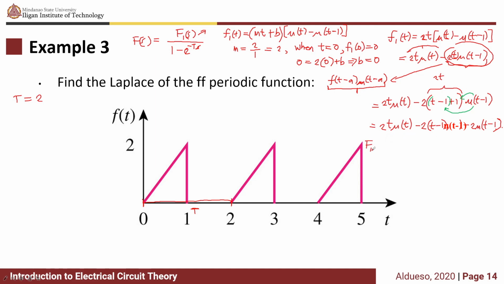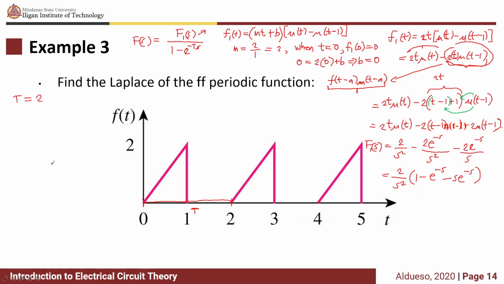So the Laplace transform of the first period is equivalent to 2 over s squared minus 2 e to the negative s, so we have a time shift, over s squared minus 2 e to the negative s over s, or this is equivalent to 2 over s squared times 1 minus e to the negative s minus s e to the negative s.